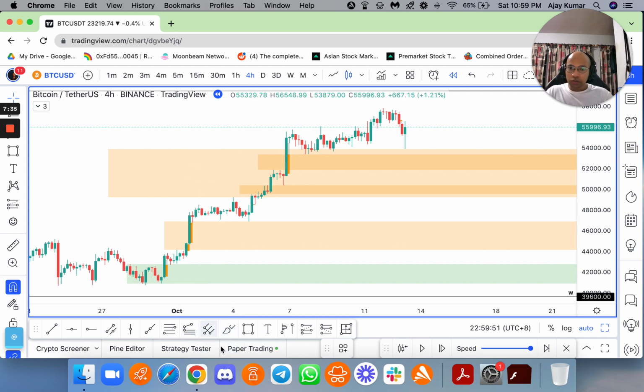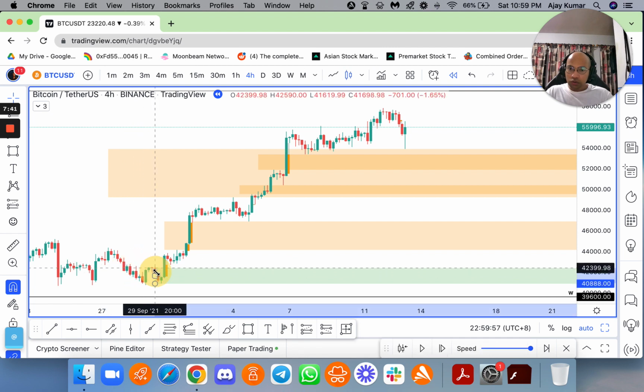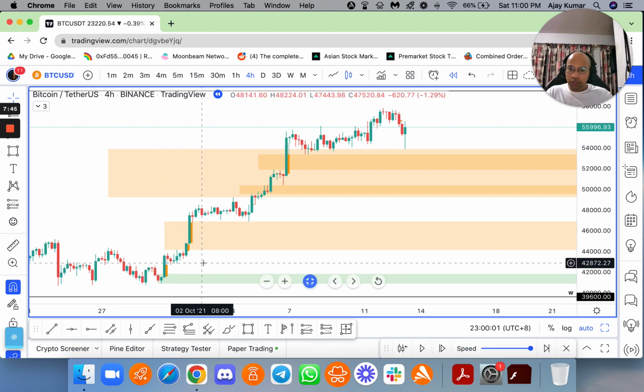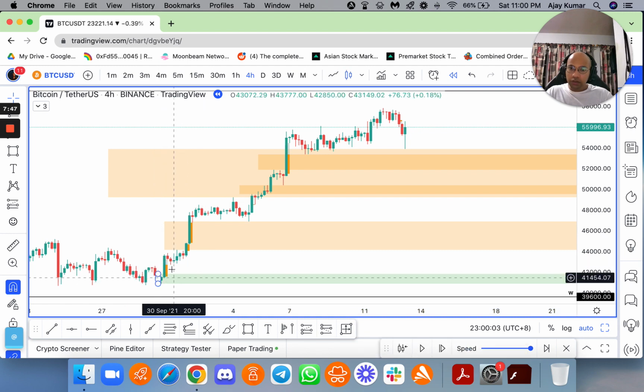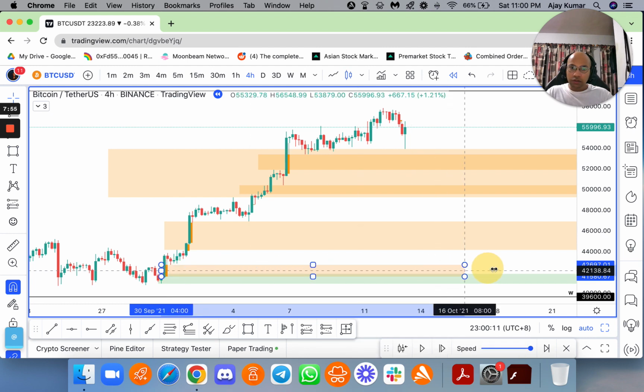There's a bullish order block. We can further refine the bullish order block to this candle, right? This candle. And we can mark this as a fair value gap. Okay. All right, let's mark it out.